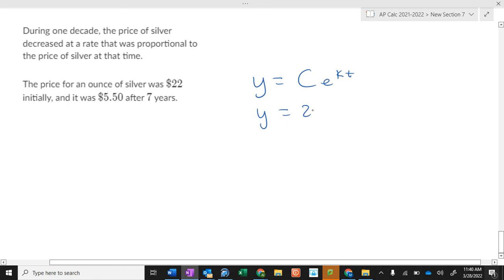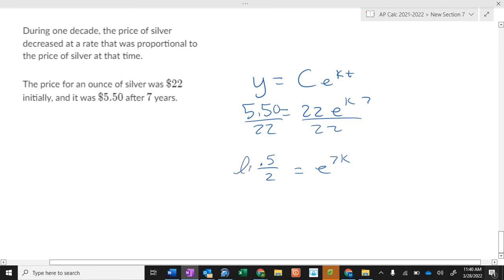So 5.50 equals 22 e to the 7K. Divide both by 22 and we get 0.25 equals e to the 7K.